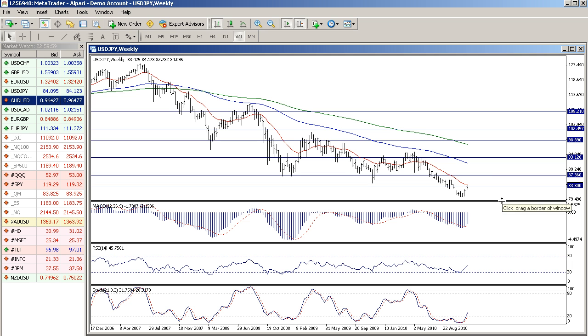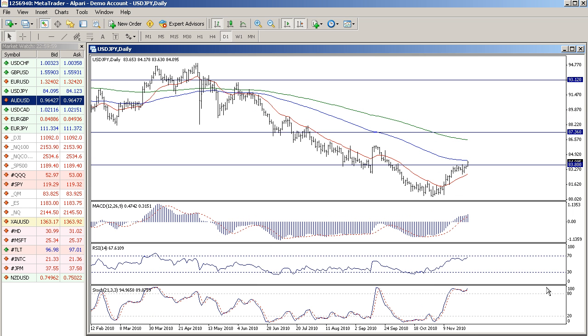The trend remains lower, and as before, we need to see a sharp move, but first probably we'll see further sideways consolidation, and then a sharp move above the 95 level to confirm a trend change on the weekly time frame.